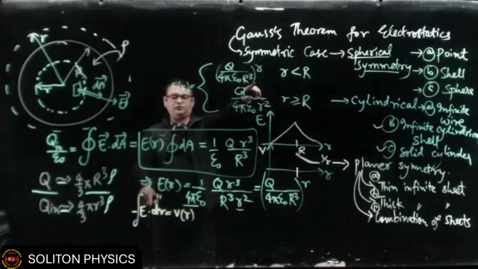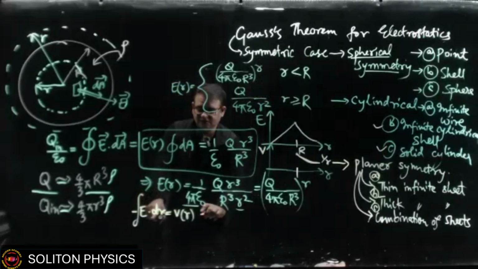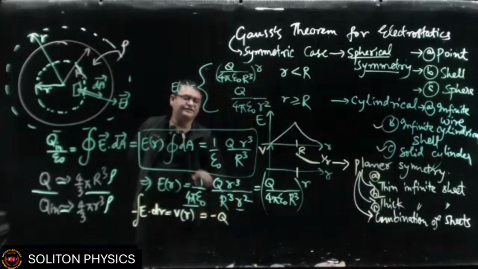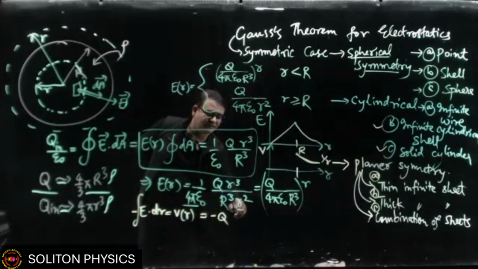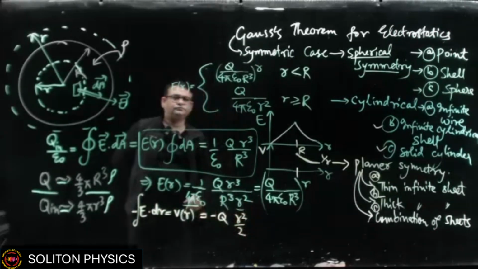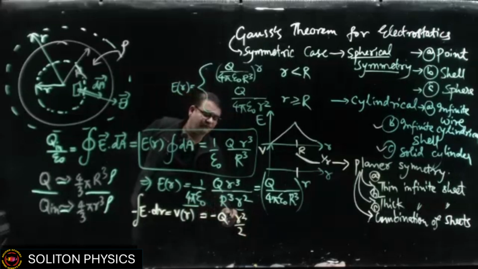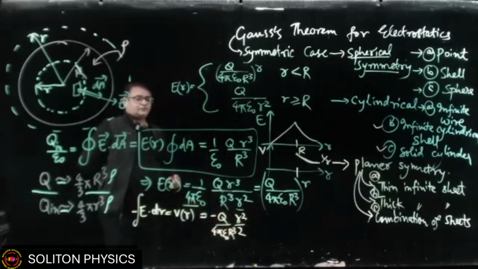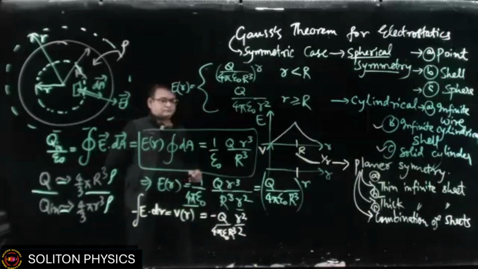So E is linear, so you will see minus Q. We are not interested in sign, but you can see this will be r square by 2 into 4 pi epsilon naught R cube, right?